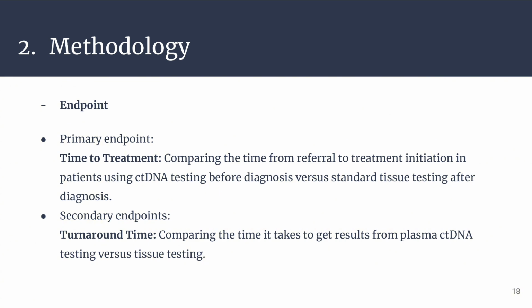The secondary endpoints include the frequency of actionable targets identified using plasma ctDNA, time to sample collection, and the turnaround time for plasma versus tissue profiling. This methodology allows for a detailed comparison of the diagnostic timelines and the efficacy of integrating ctDNA testing into the initial diagnostic workup for patients with suspected advanced lung cancer.